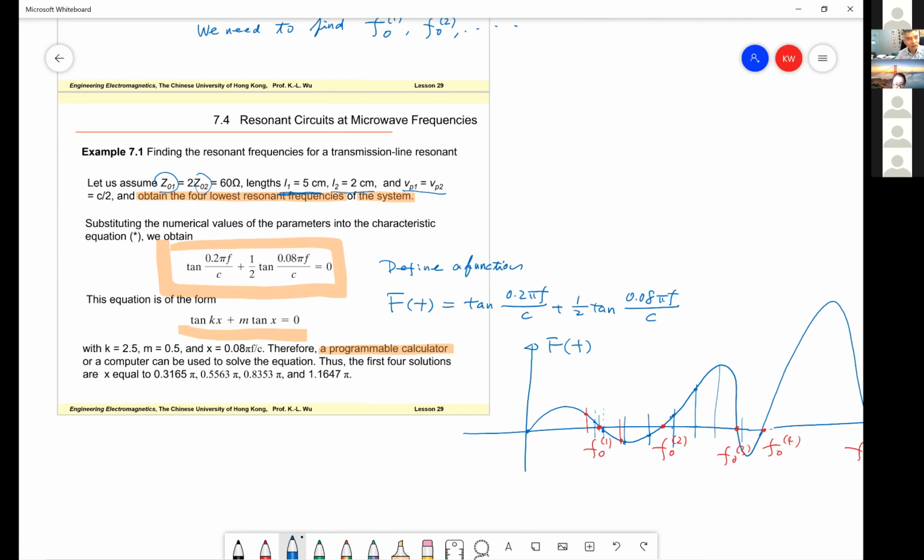If any student is interested in the next 2 sections about waveguides, I think lesson 30 and lesson 31, write to the TA. We can arrange a time to discuss this. Also, the final exam doesn't cover that part.